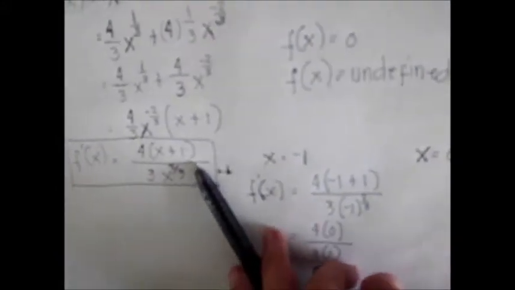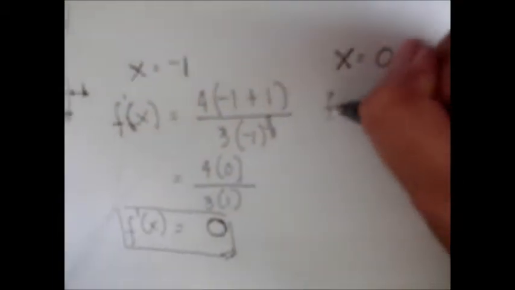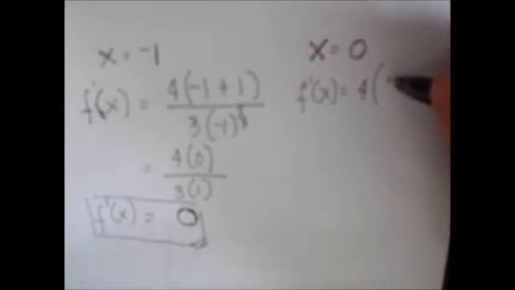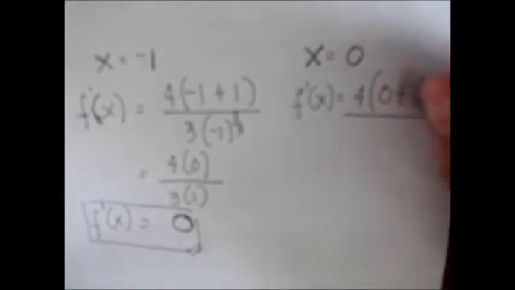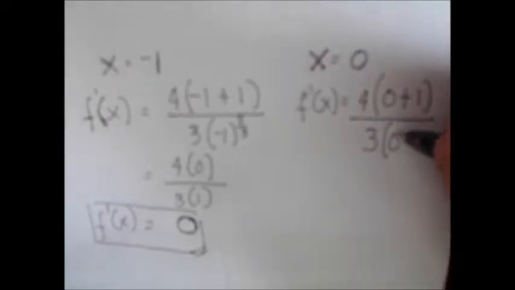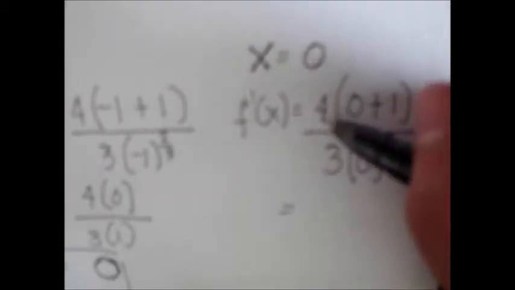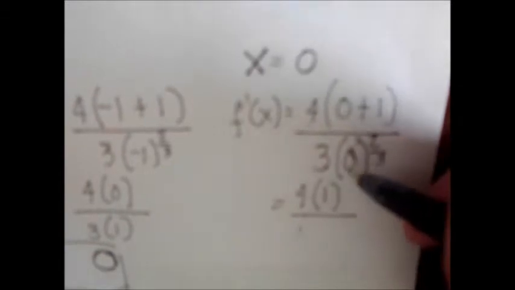By this function again, we substitute 0: the first derivative is 4 times (0 plus 1) over 3 times 0 to the 2 over 3. Since 0 plus 1 is 1, and 3 times 0 equals 0, the derivative will become undefined.